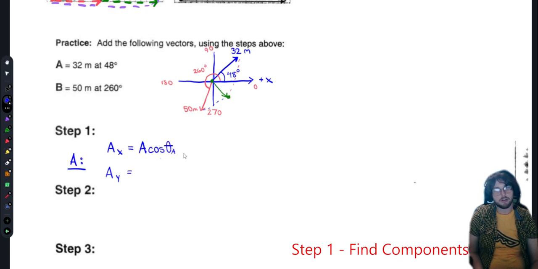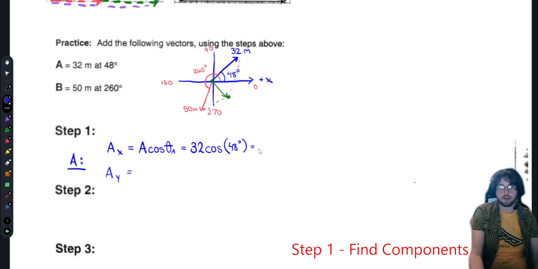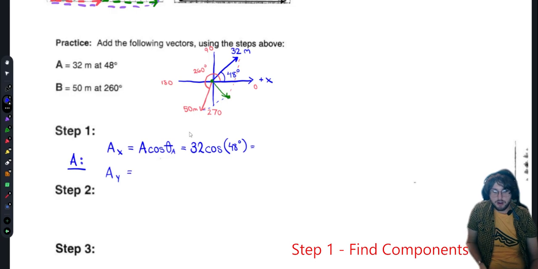And so that's going to equal 32 meters times cosine of 48 degrees. If you check your calculator, that should give you a magnitude of about 21, let's just call that 21, to keep our sig figs simple. So 21 meters. Okay. Now let's do the same thing for y.